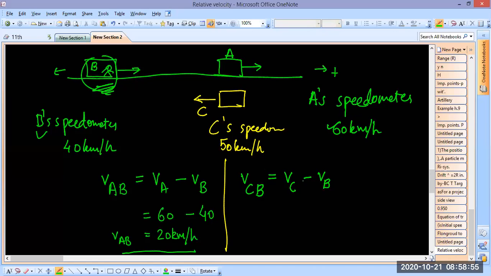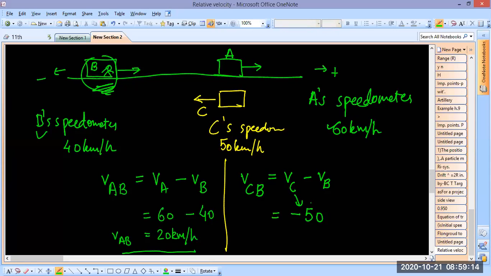Now this is where you have to be very careful. Velocity of C is minus 50. Is that clear, everyone? Why am I writing minus 50? Velocity of C is minus 50.